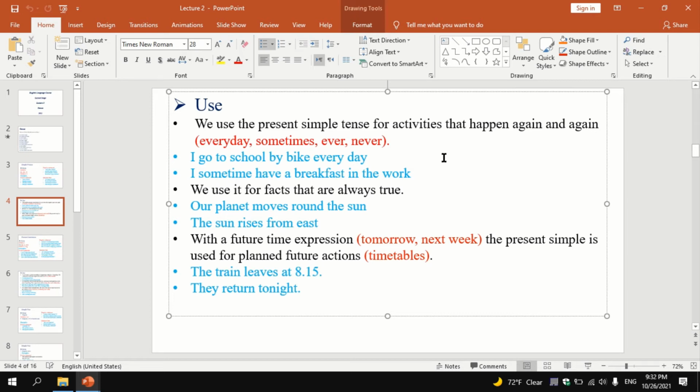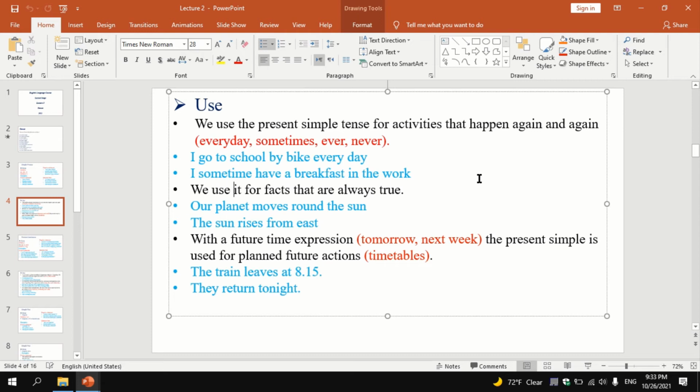So the second use, we use it for facts that are always true, such as our planet moves around the sun. The sun rises from the east. With the future time expression tomorrow, next week, the present simple is used for planned future action, timetable as well.